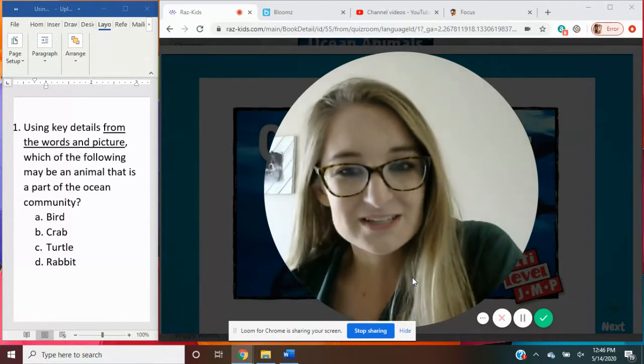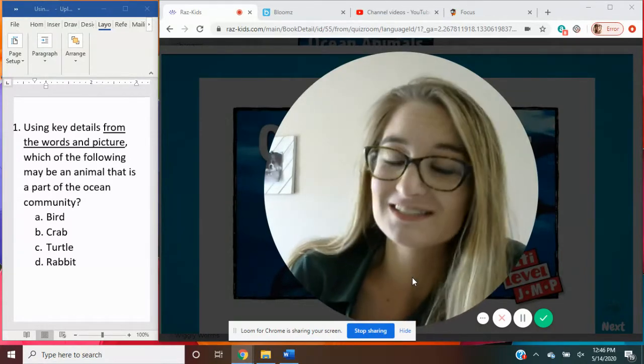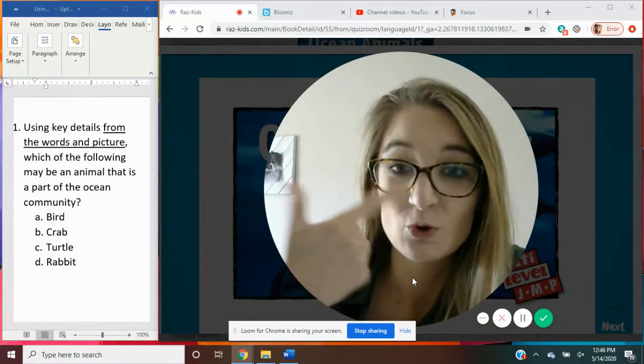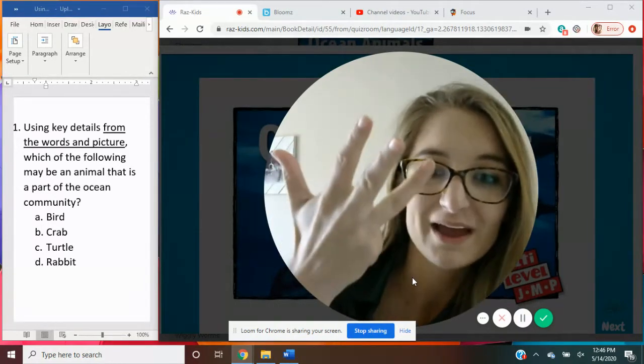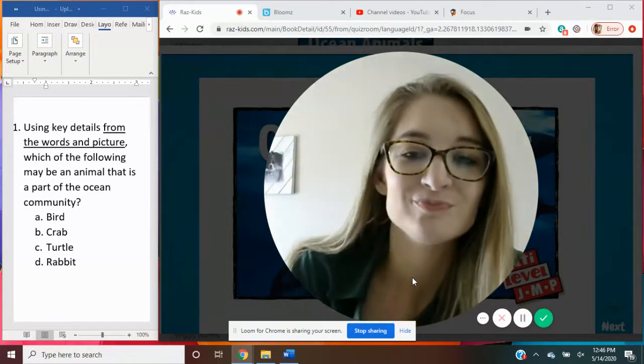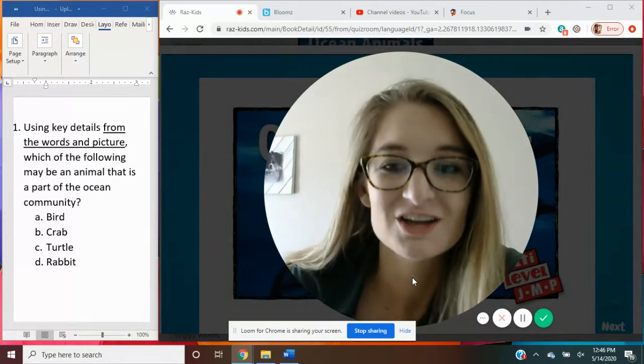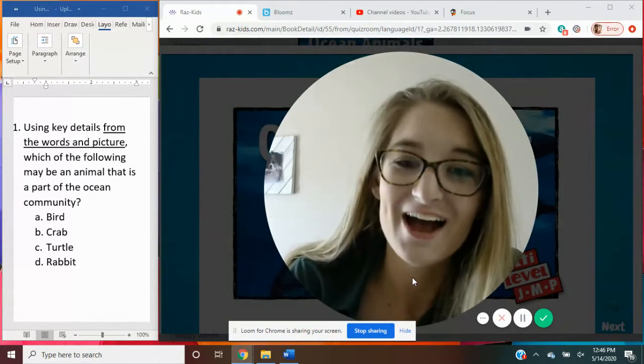And how we're going to do that is use questions and answers that go along with questions like who, what, where, when, why, and how. So we will be using the picture and the words to kind of walk us through how to do this.